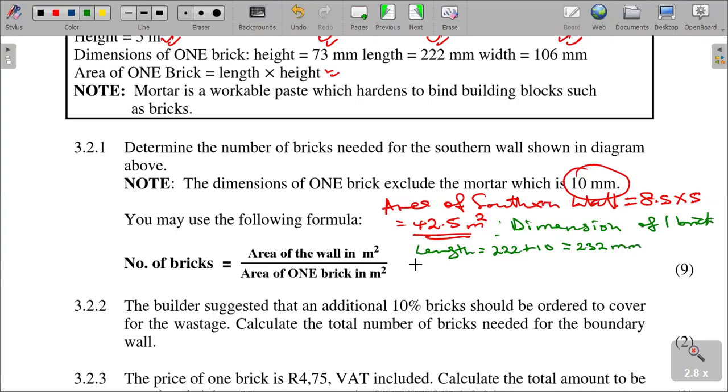And then height is equal to 73 plus 10, which will give us 83 millimeters.